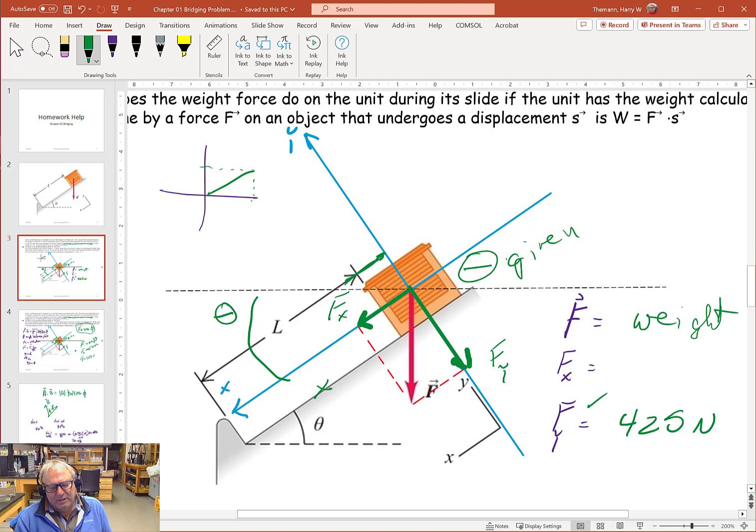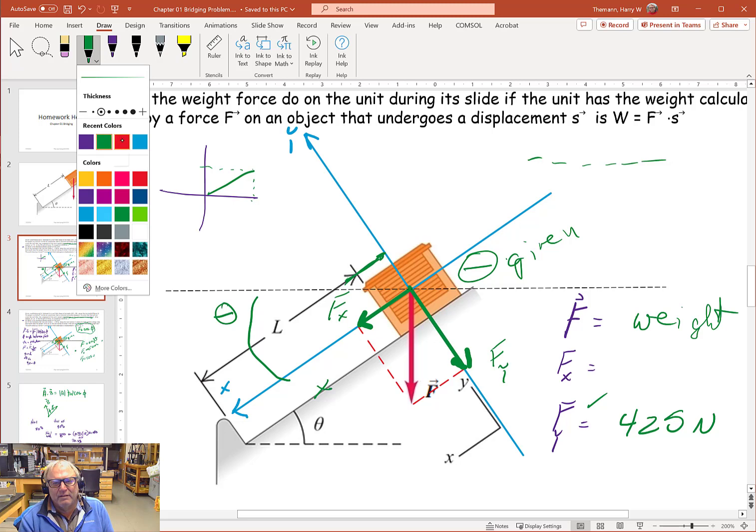Now here's the trick, and again, this should be familiar. The angle between the dotted line and F, by definition, is 90 degrees.